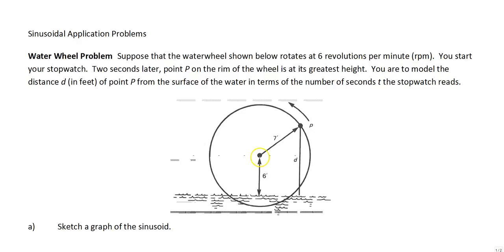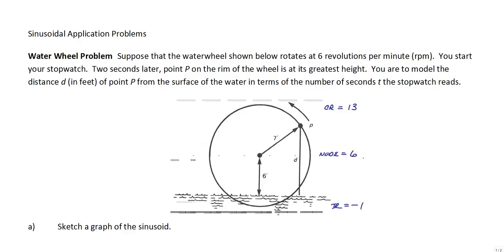However, the center of this circle is 6 feet above the water. So if we have a radius of 7, our lowest point, or our trough, is going to be at -1. And the highest point, our crest, is going to be at a maximum height of 13. And of course, our node right here is at 6.